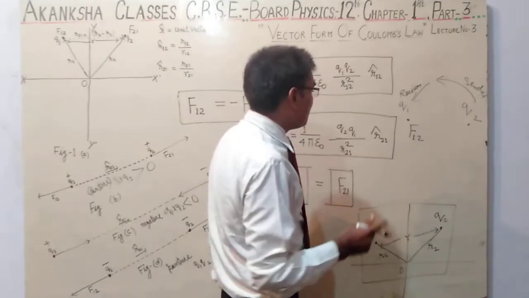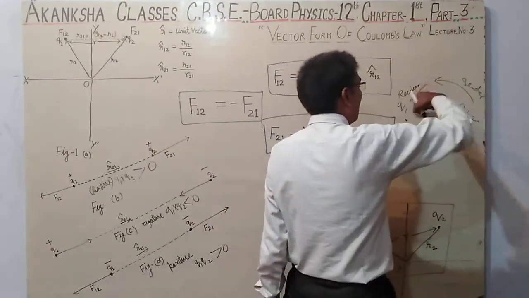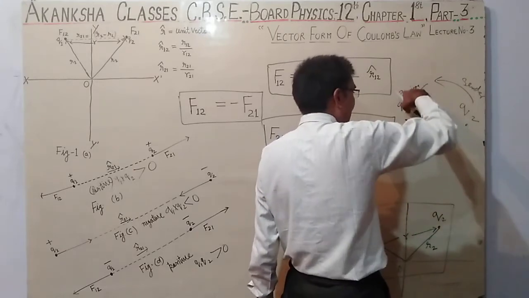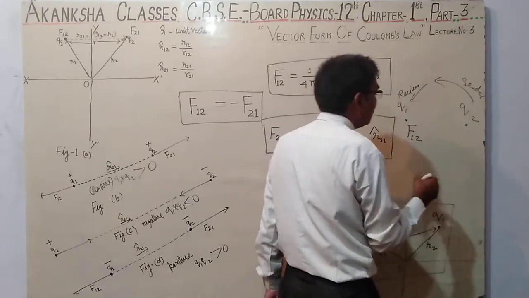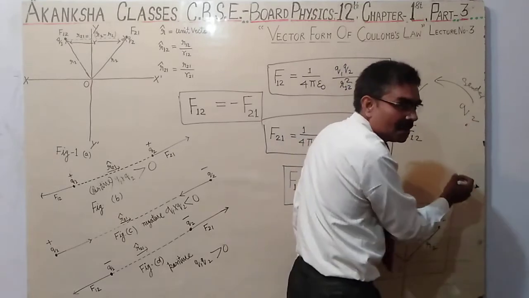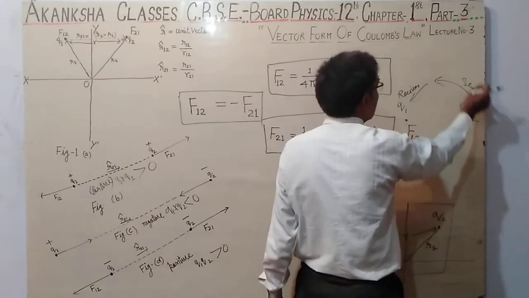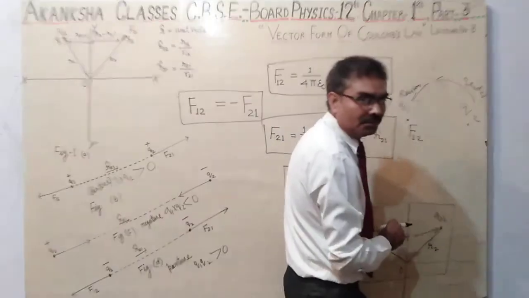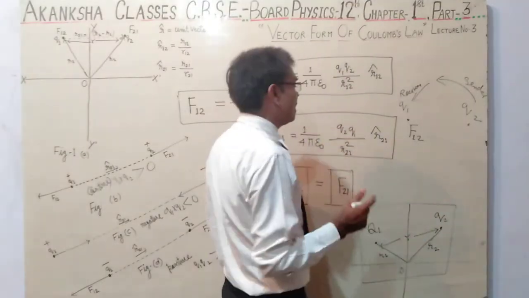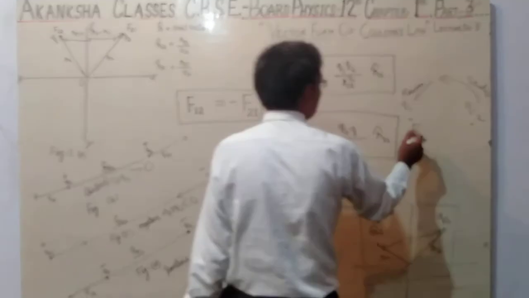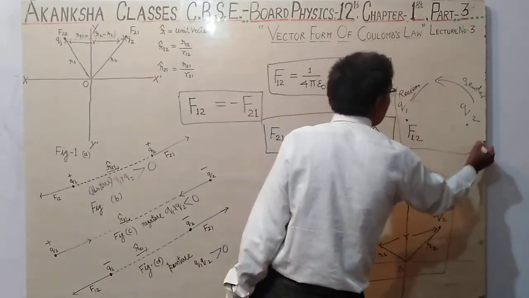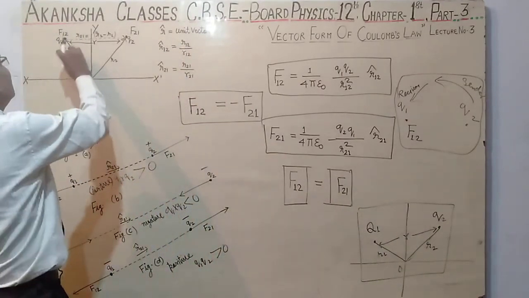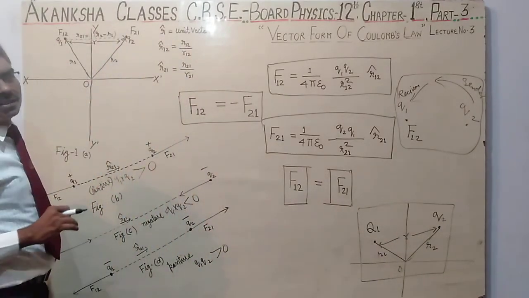This means force acting on charge 1 due to charge 2, this means charge 2 is the producer of force and charge 1 is the receiver of force. I think you understand this fact better, and the same fact is applied for writing all the numeric form of vectors.